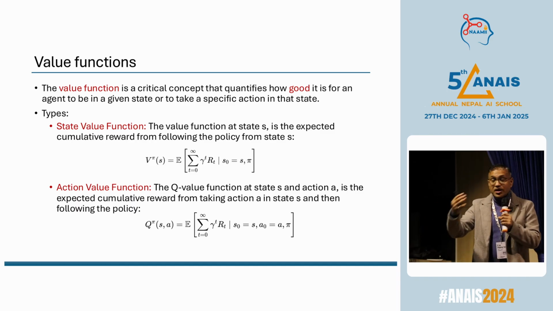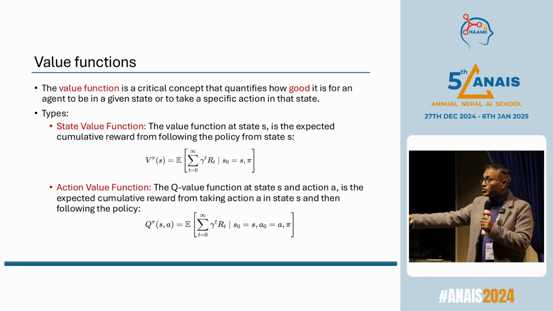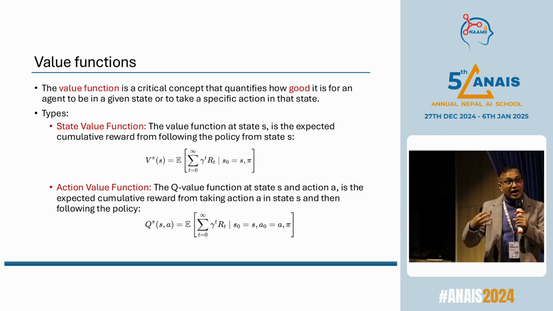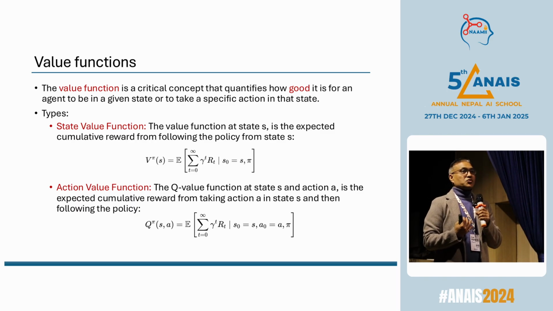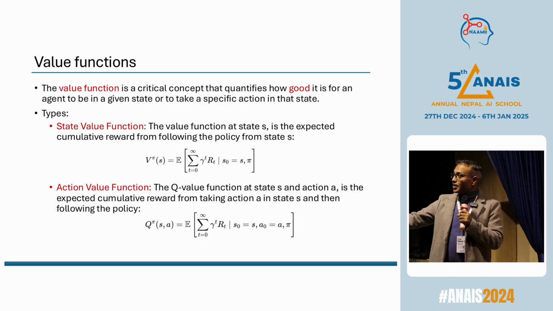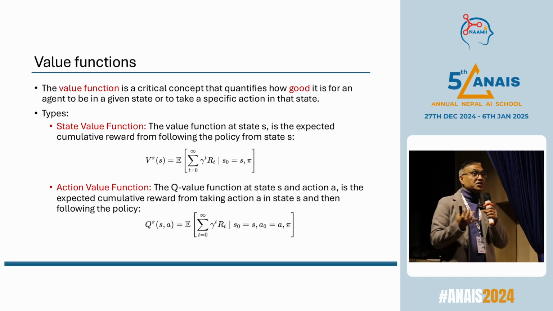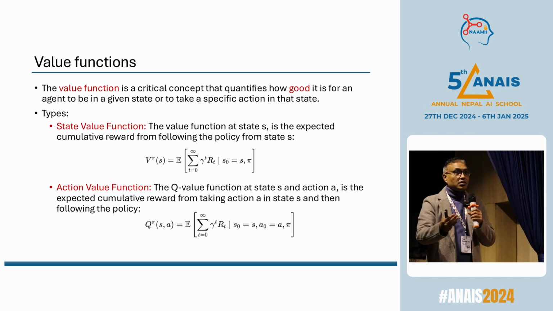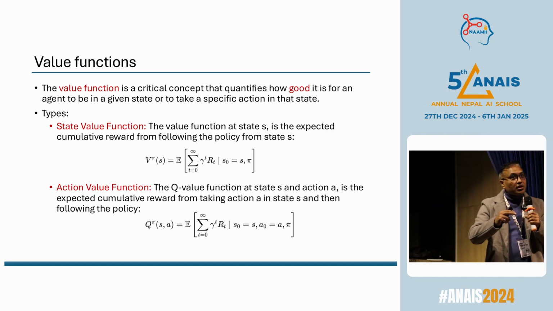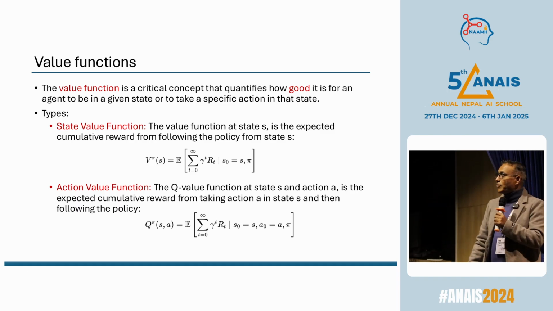Try to understand the difference between these two. The state value function describes how good it is to be in this state, and the action value function describes how good your action is based on that state. These are two different things, but the calculation is pretty similar.